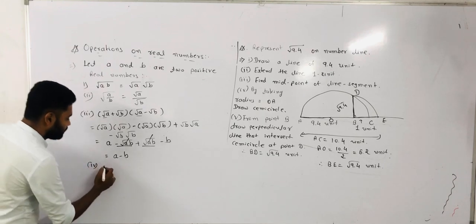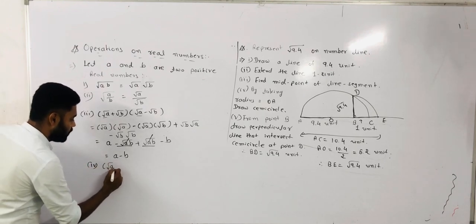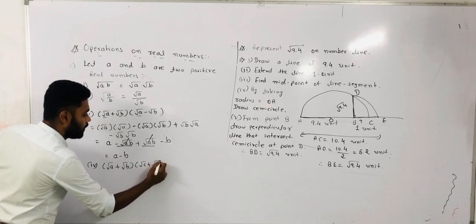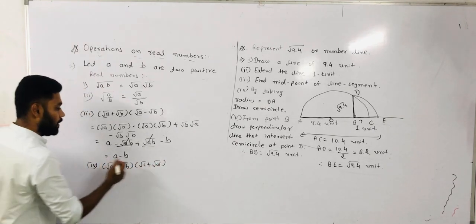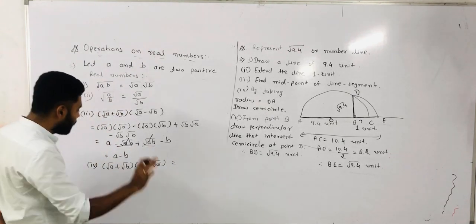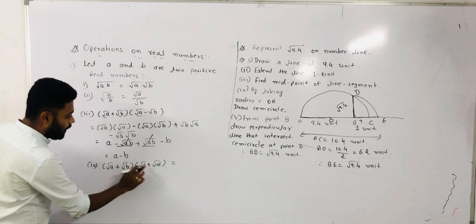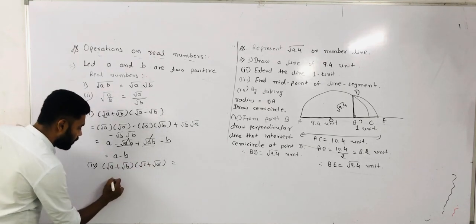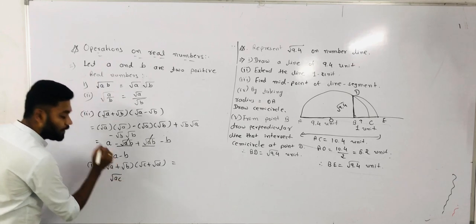Similarly, if you are given root A plus root B, root C plus root D, so what we will write? Simply we have to open the bracket. So first we will multiply root A and root C. Now we know root A into root C equal to under root AC.